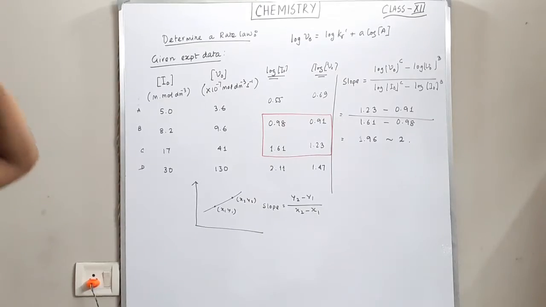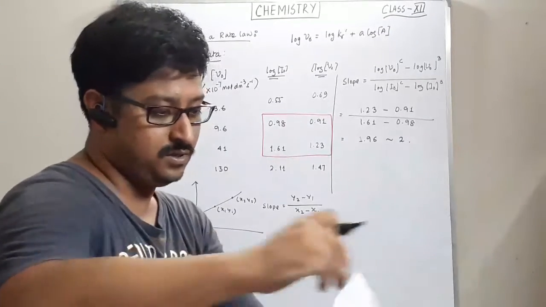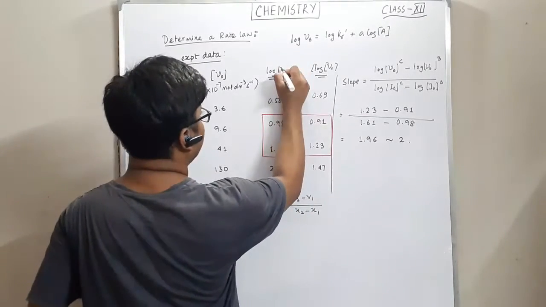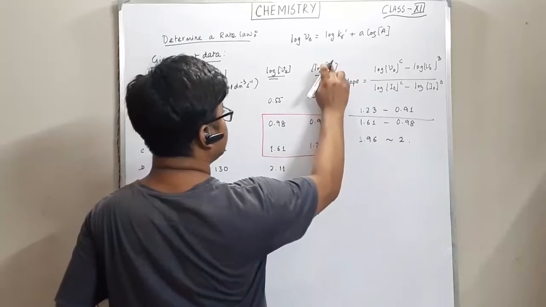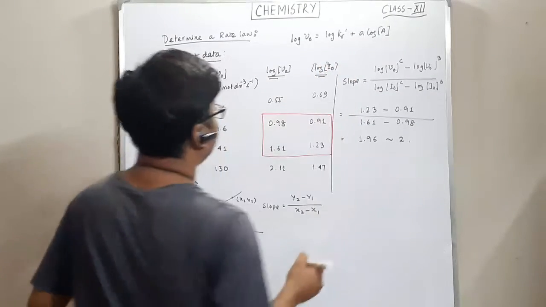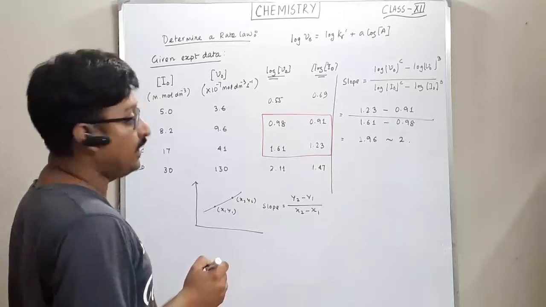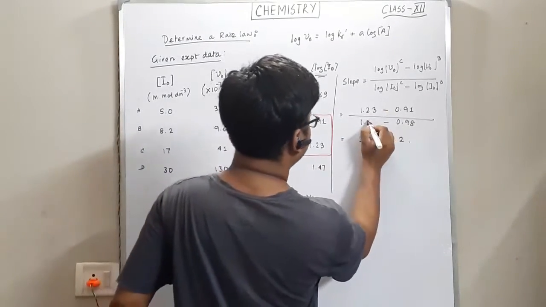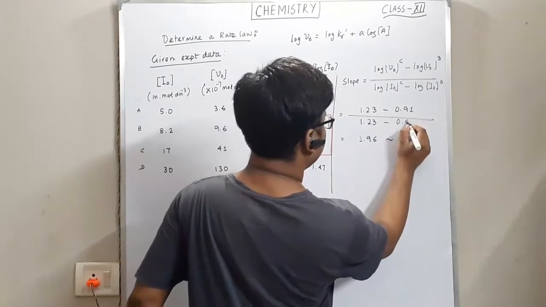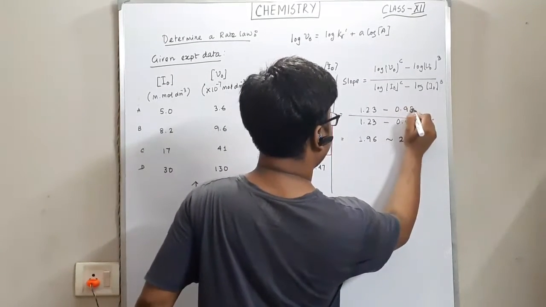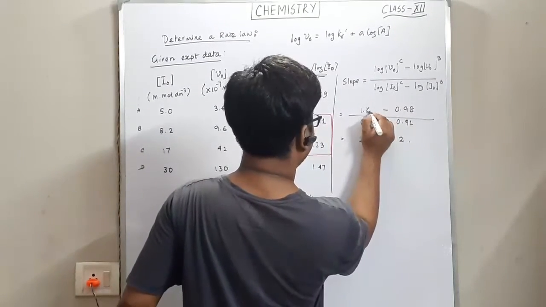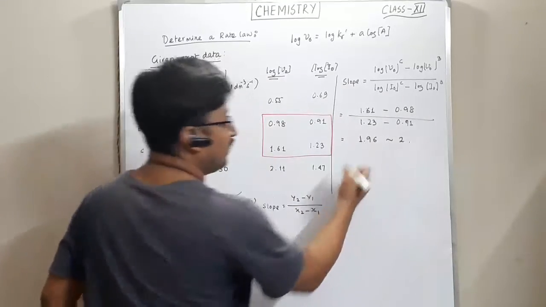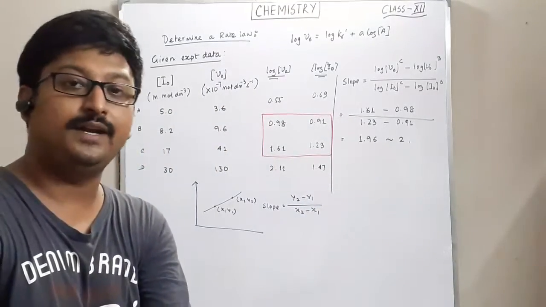I'm sorry, this is the V0 value and this is the I0 value. So this will be 1.23, this is 0.91, this is 0.98, and this is 1.61. This is I0 and V0. If you calculate, you will get 1.96, which is approximately 2.